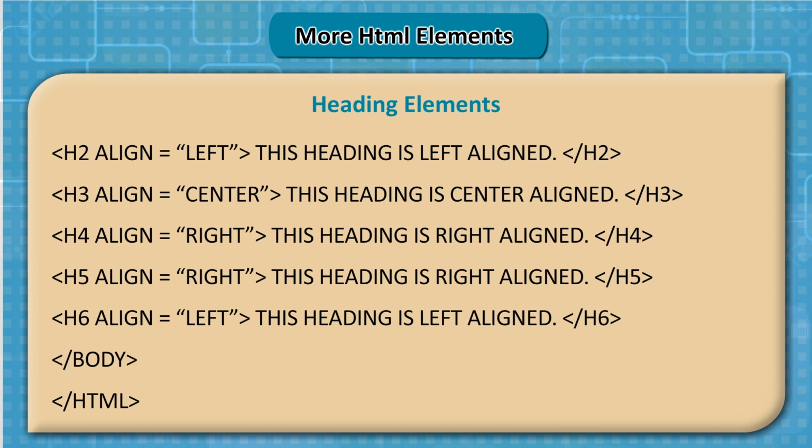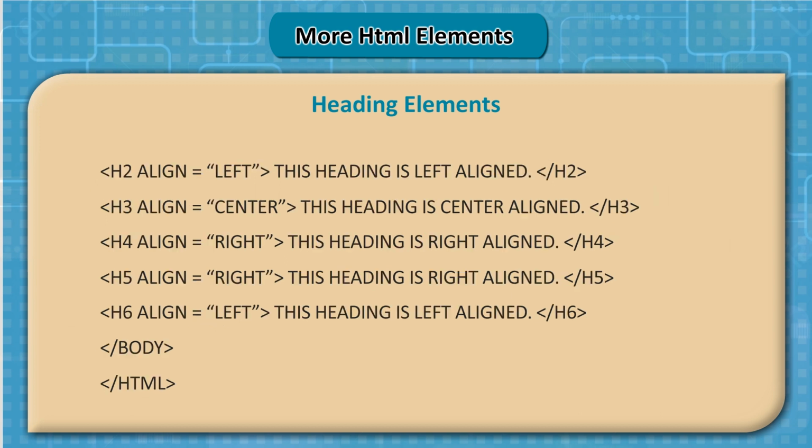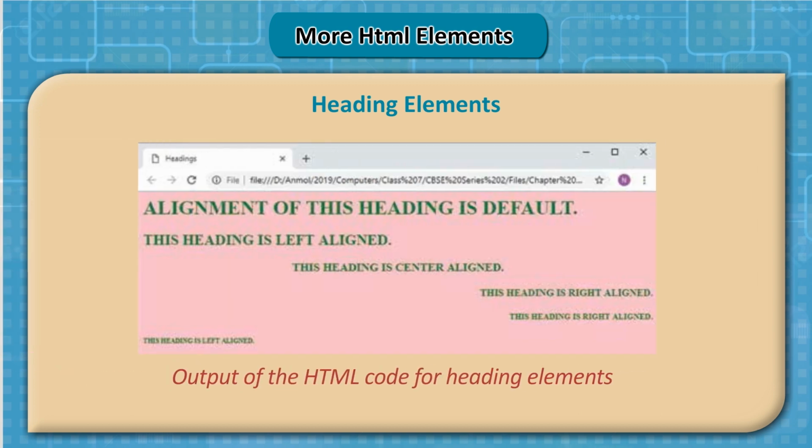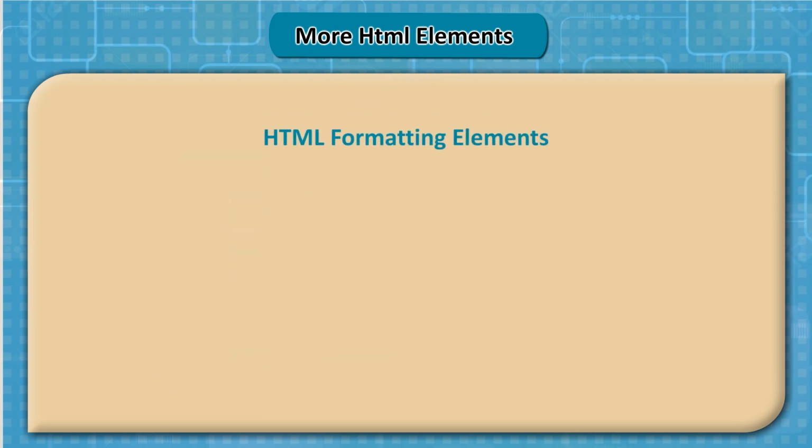H3 align center, this heading is center aligned. /H3. H4 align right, this heading is right aligned. /H4. H5 align right, this heading is right aligned. /H5. H6 align left, this heading is left aligned. /H6. /body. /HTML. Output of the HTML code for heading elements.